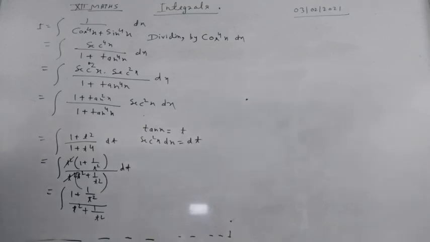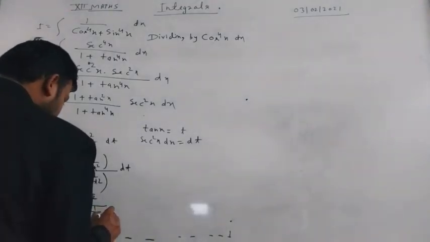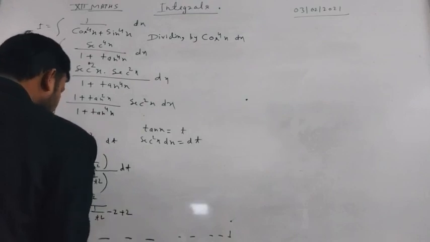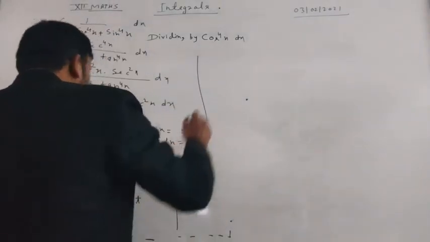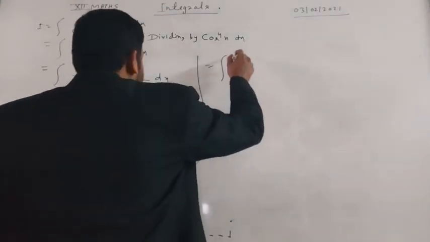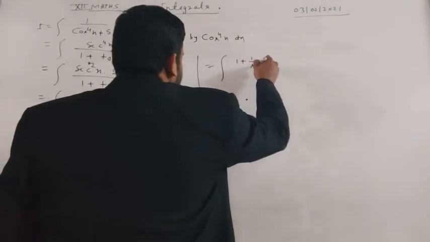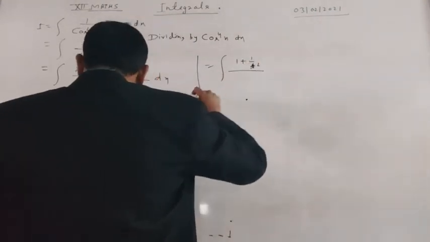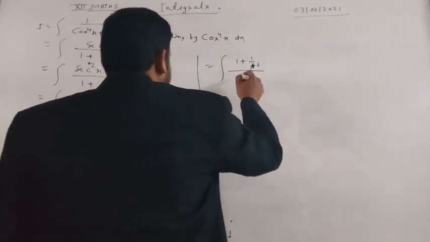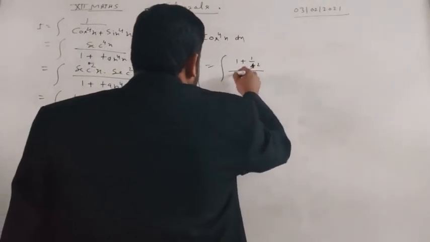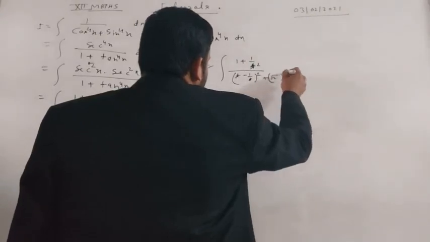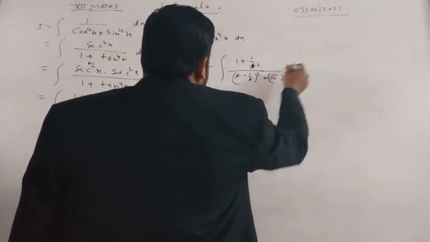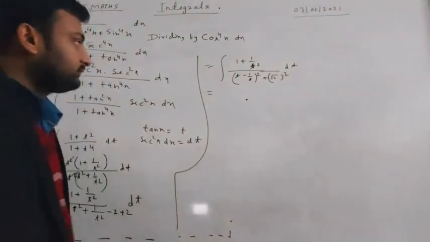Now, students, we are subtracting 2 and adding 2, and this is our dt. So students, this we can write 1 plus 1 by t square by t minus 1 by t whole square plus root 2 whole square dt.